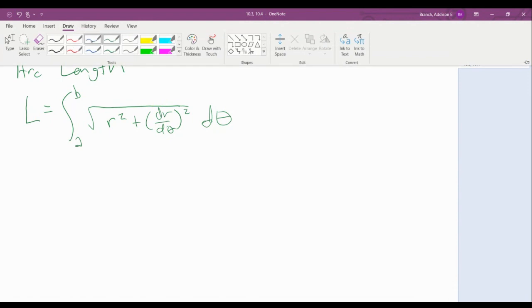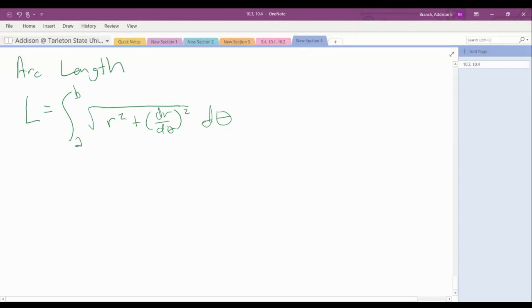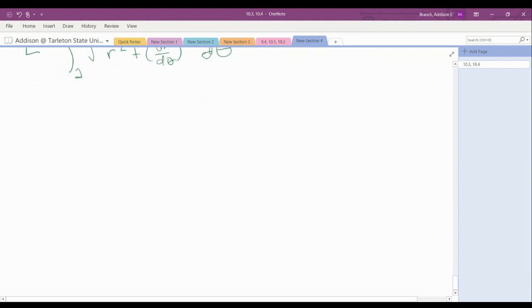Once again, I am just going to do the setup for this one, and if you want to solve the actual integral yourselves, you can. But we've spent weeks and weeks covering integrals. So in this example, we have r equal to theta squared, and they also give us bounds from 0 to 2 pi.